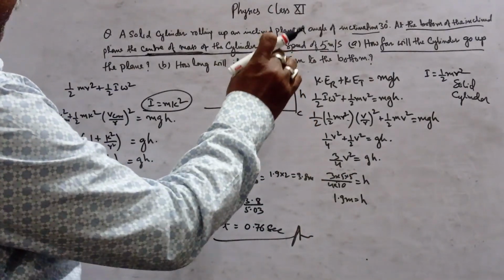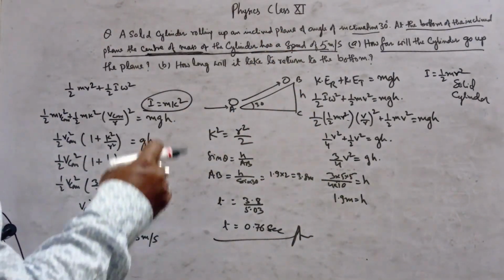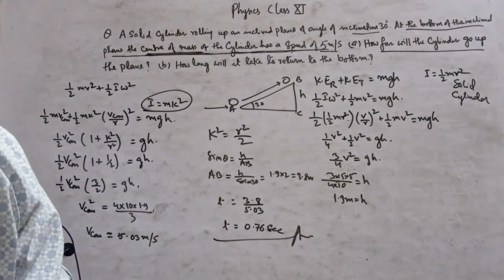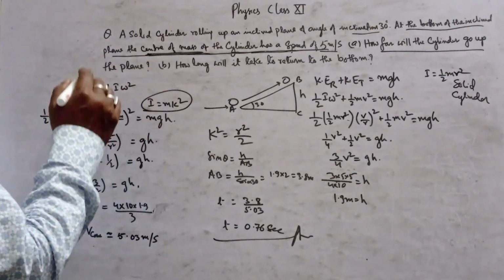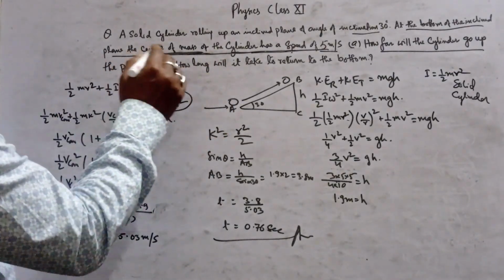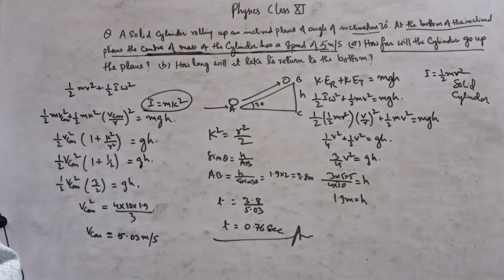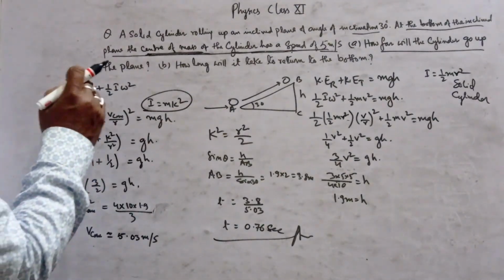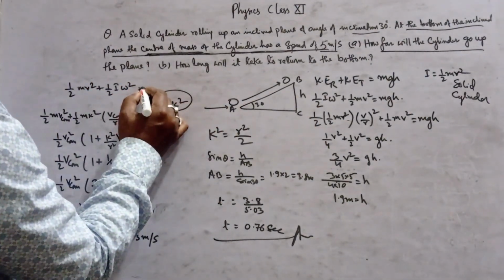But when it comes down, you have read in rotational motion that the motion of the center of mass of the cylinder is given. So when it is moving down, this will be the same equation, that is equal to mgh.